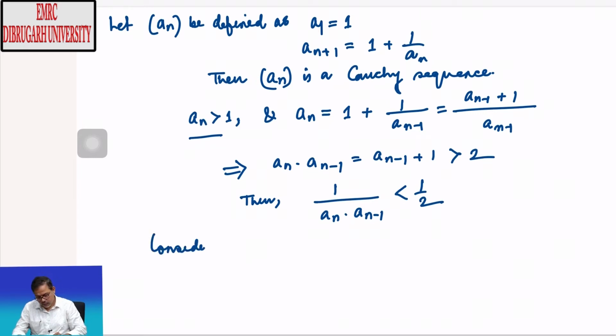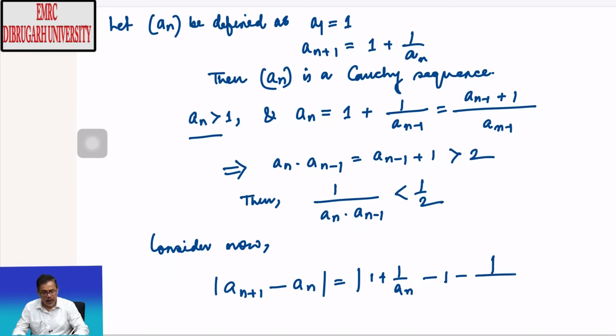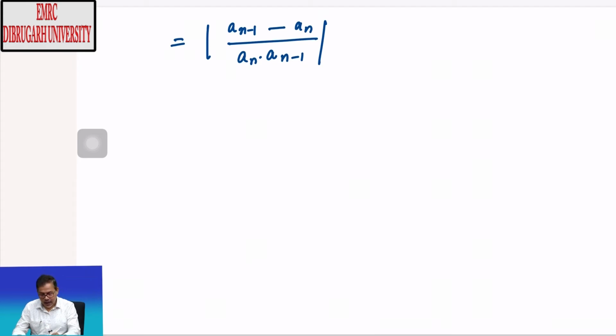Consider now a_{n+1} minus a_n, which is equal to 1 plus 1 by a_n minus 1 minus 1 by a_{n-1}, right, and this is equal to a_{n-1} minus a_n divided by a_n into a_{n-1}, and that is less than or equal to half by this earlier property, with a_{n-1} absolute value.